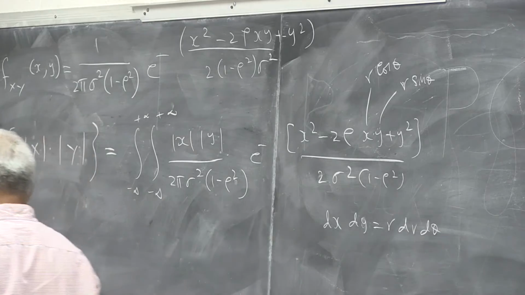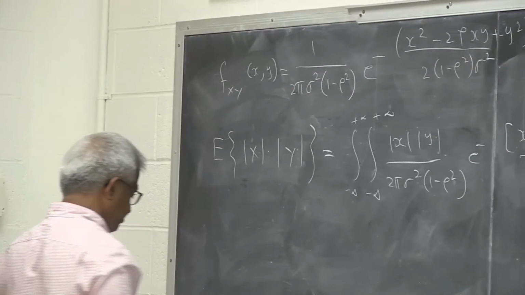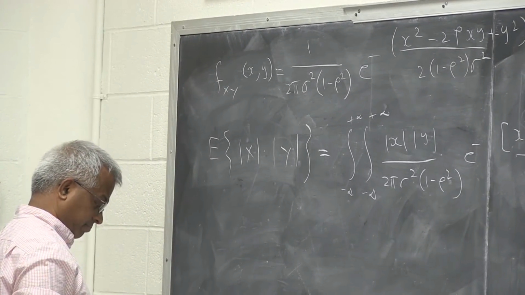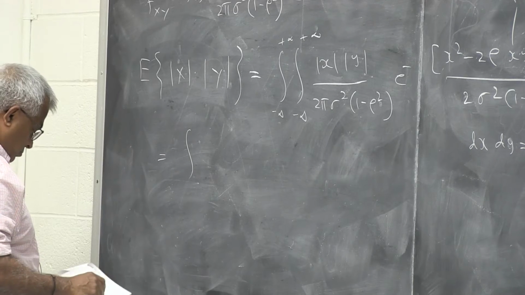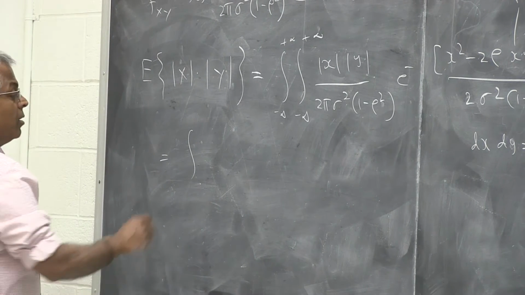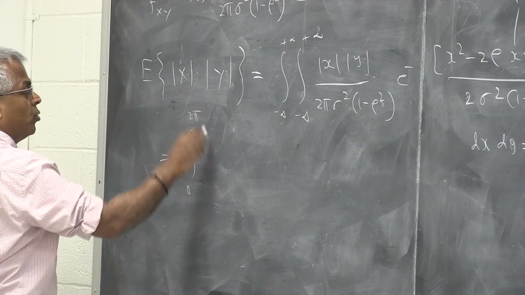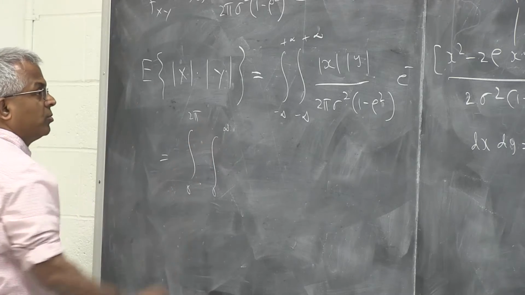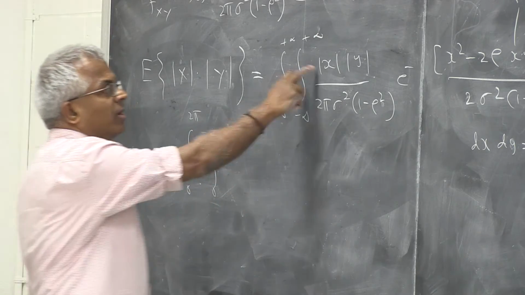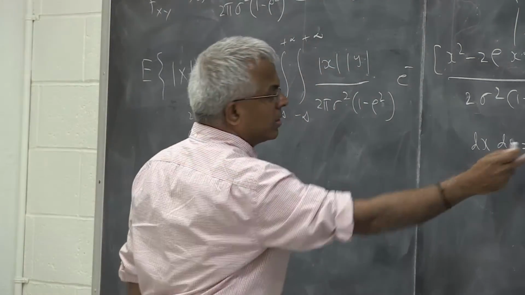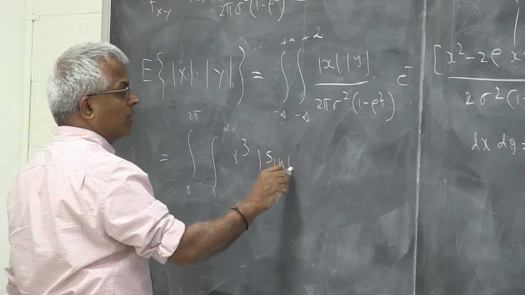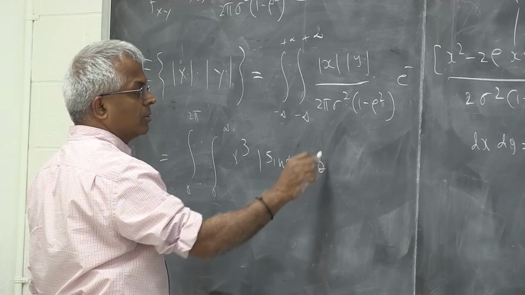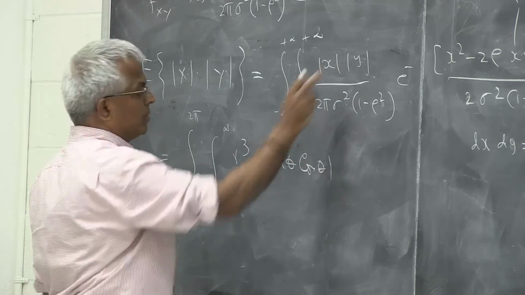So this integral now becomes, theta goes from 0 to 2 pi and r goes from 0 to infinity. So you have an r here, and an r here. So you get r cubed sine theta cos theta from here.